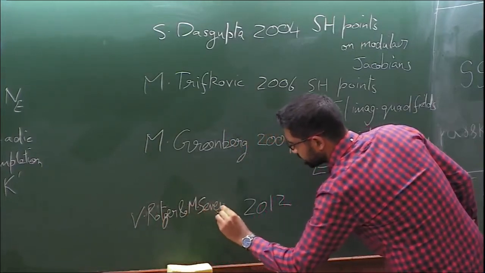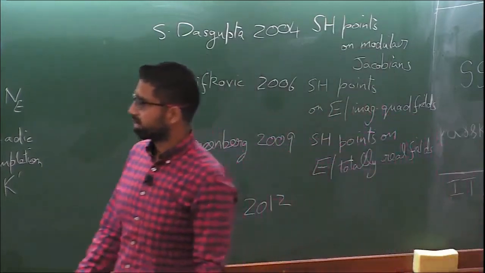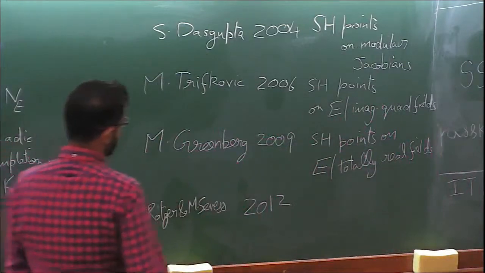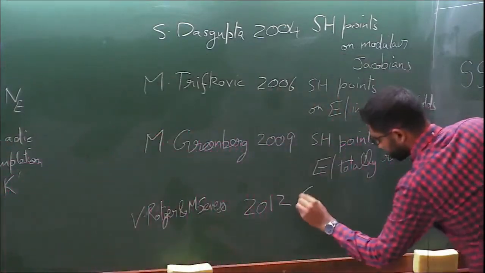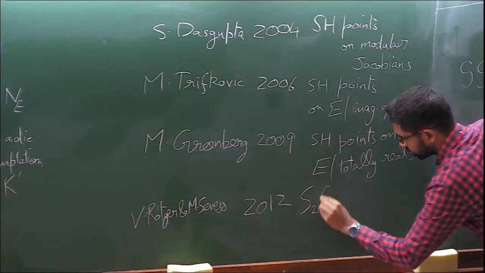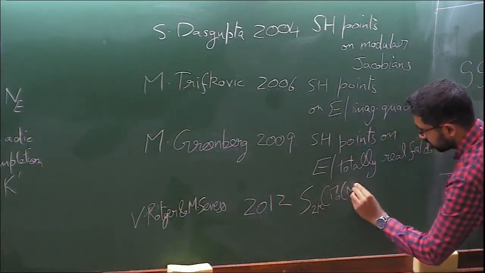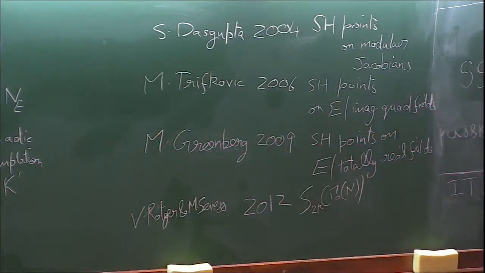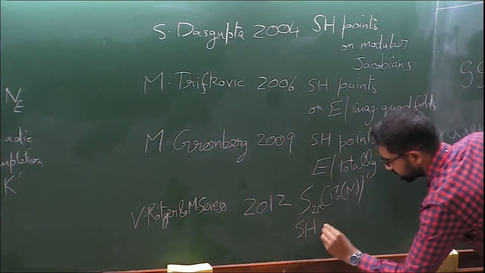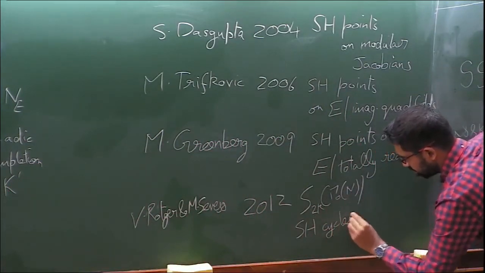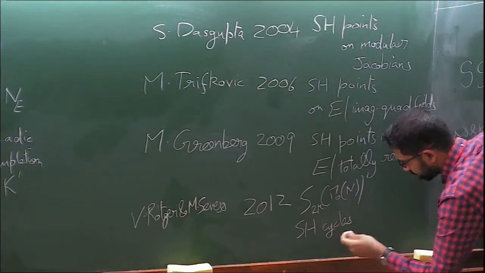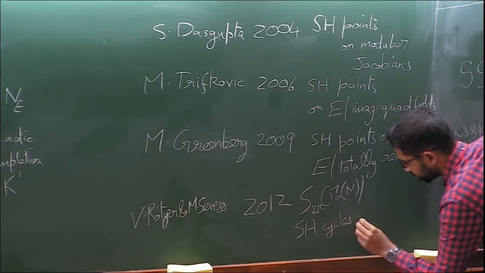They realized that these constructions carry over to higher weight, so they looked at elliptic modular cusp forms of even weight. So their construction is looking at this space, these even weight forms, and they produce Stark-Heegner cycles. The word cycles is a bit ambiguous, and I'll explain why they call it cycles, and why we also continue with it.